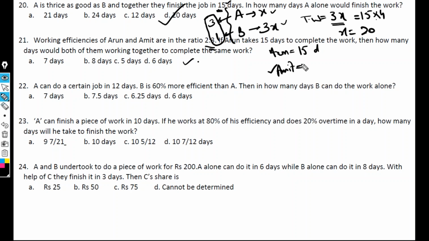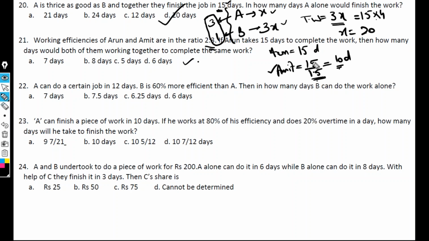So if Amit is 1.5 times more efficient than Arun, then the time taken by Amit to complete the very same work is 15 upon 1.5, which is 10 days. I hope this part is clear to everyone. Amit will take 15 upon 1.5 days to complete the very same work, which comes out to be 10 days.